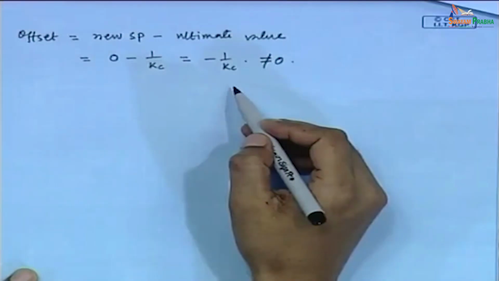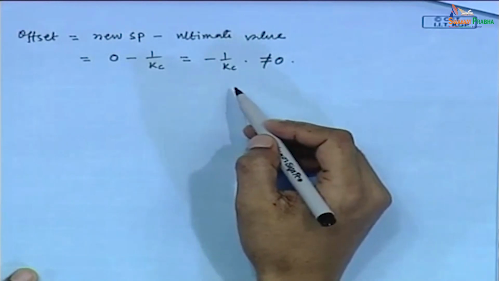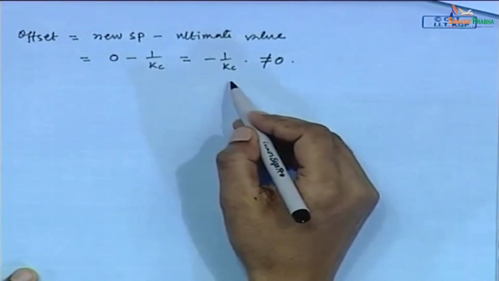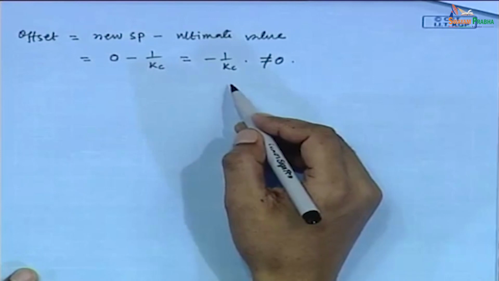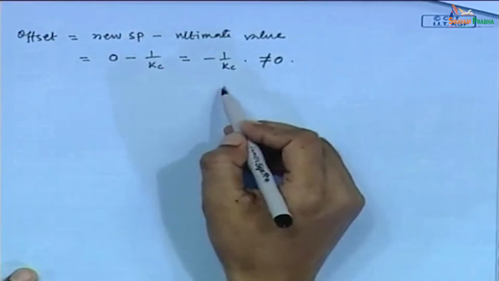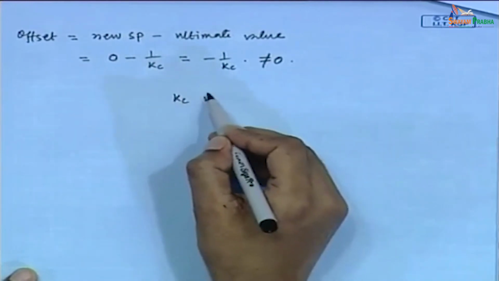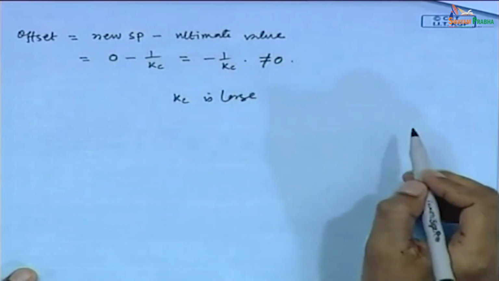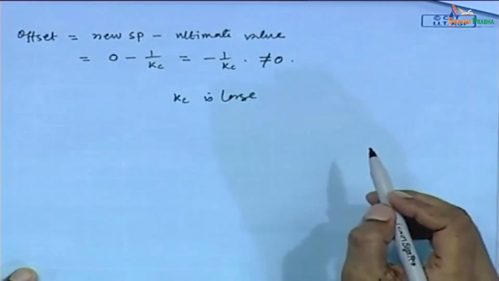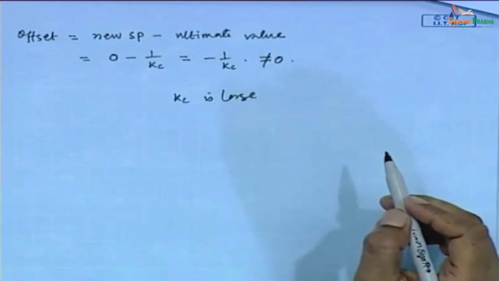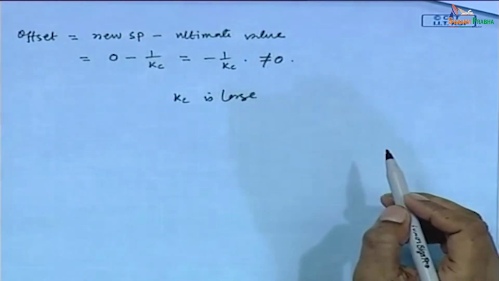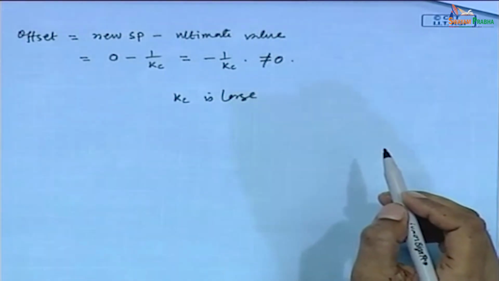Another important thing is that if Kc is quite large, then the offset represented by minus 1 by Kc is acceptable.